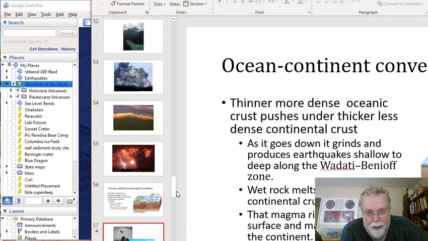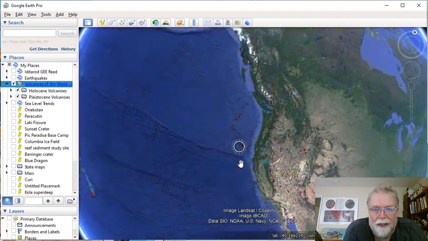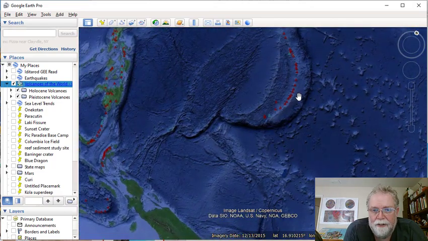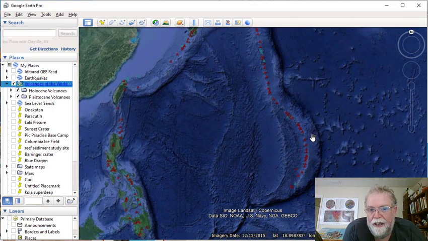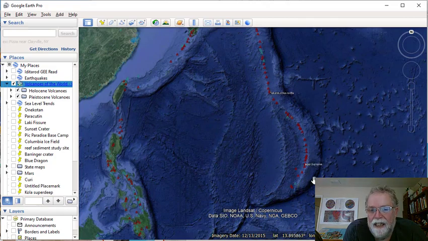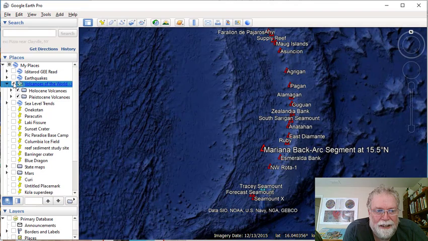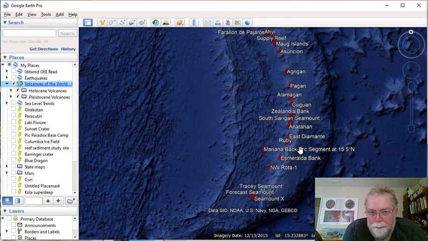But let me go back to Google Earth and show you that whole area there, because all of that is an ocean convergent boundary. Right here we are, right? And so we can see there are volcanic islands here that you couldn't even see without, if I take the volcanoes out, you don't even know there's islands there, but there are.